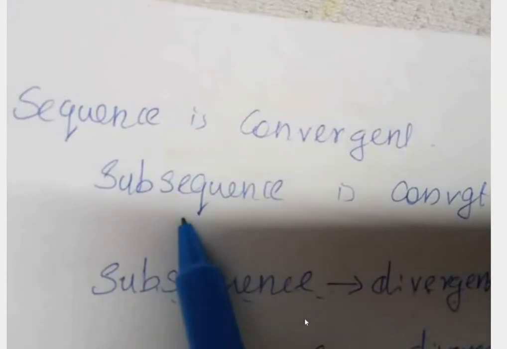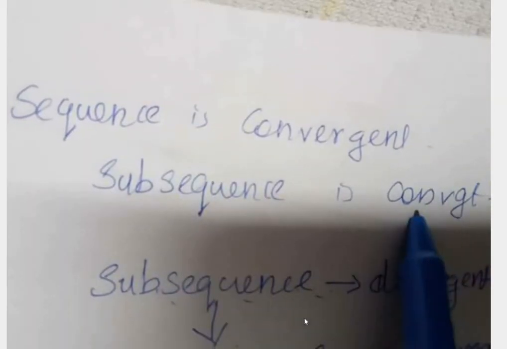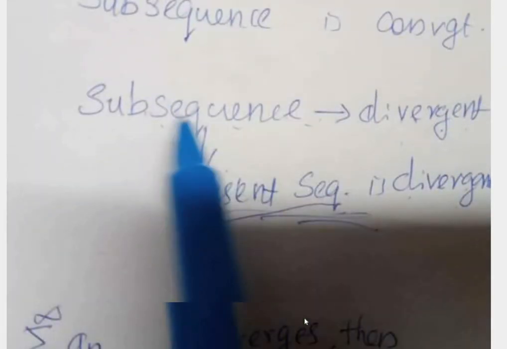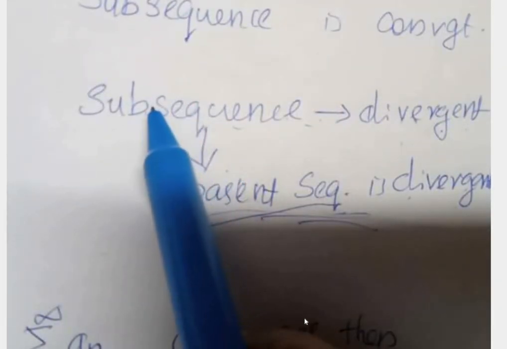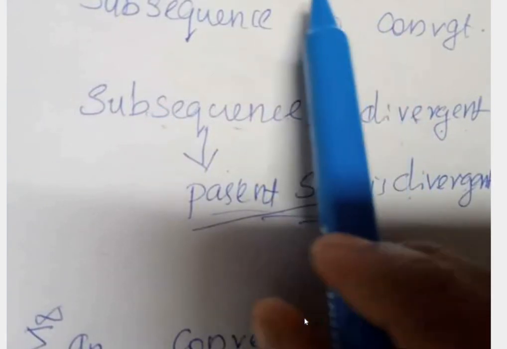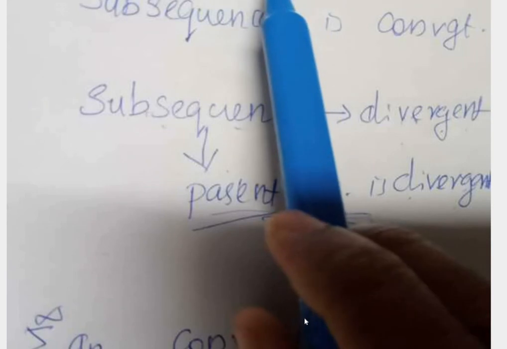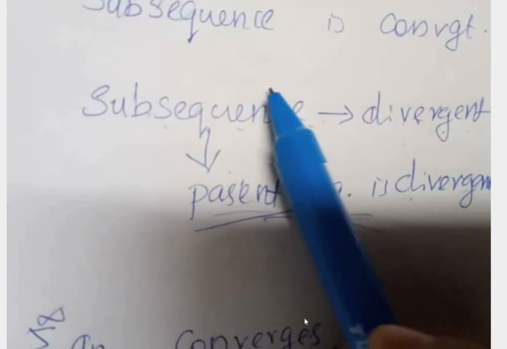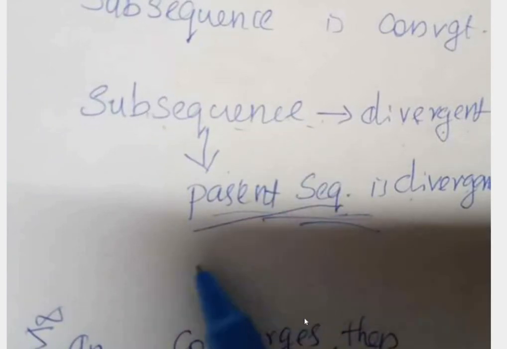So what about the converse? If all the subsequences are convergent, we can say that the sequence is convergent. But if one of the subsequences is divergent, we can say that the parent sequence is divergent.